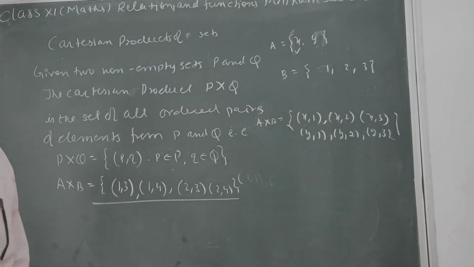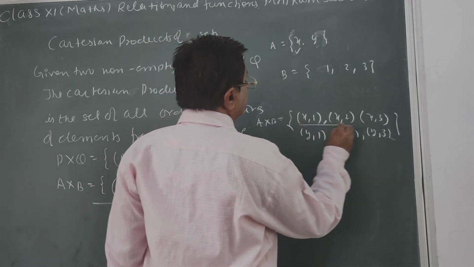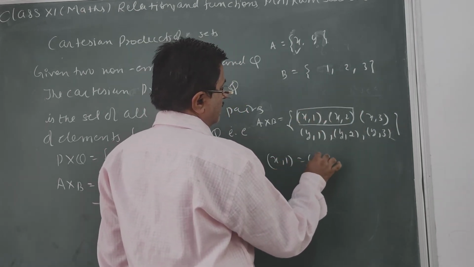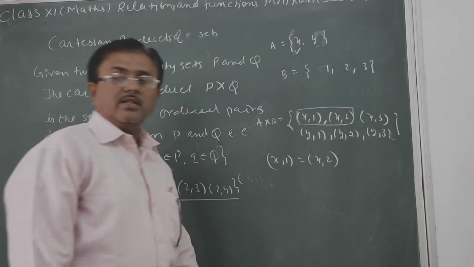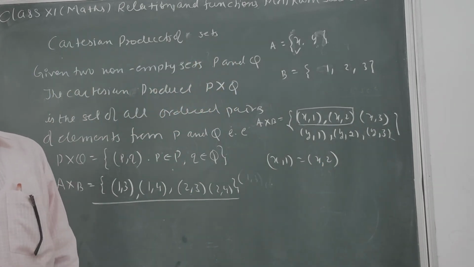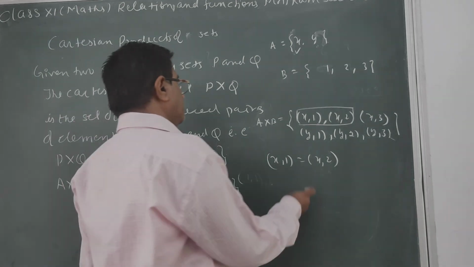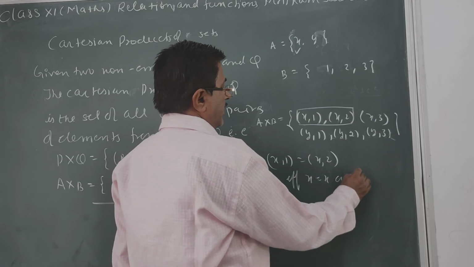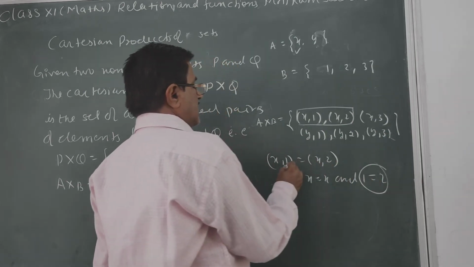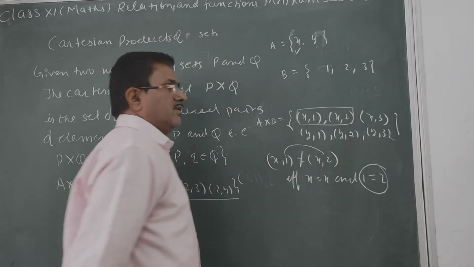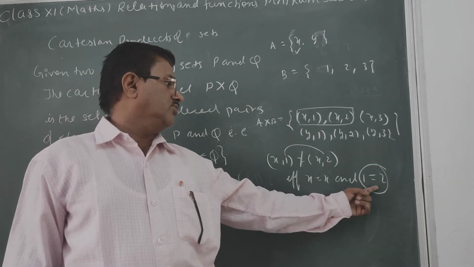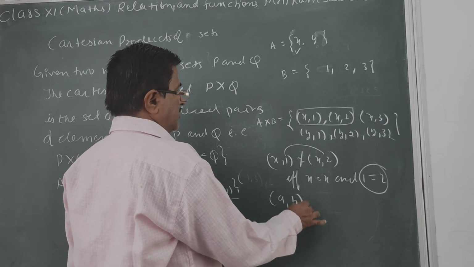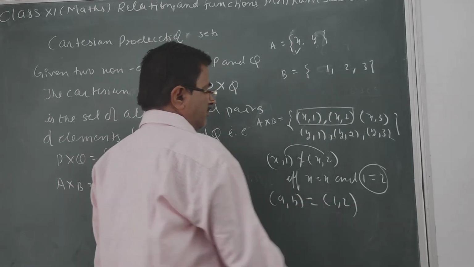Now the important thing is, when are these equal? If we say (x, 1) is equal to (x, 2), then their corresponding elements should also be equal. ये तभी पॉसिबल है if x equals x and 1 equals 2. अगर ऐसा है तो equal, otherwise this is not equal. As you know that 1 is not equal to 2, so this is not equal. So for any two ordered pairs, suppose we are taking (a, b) equal to (1, 2).